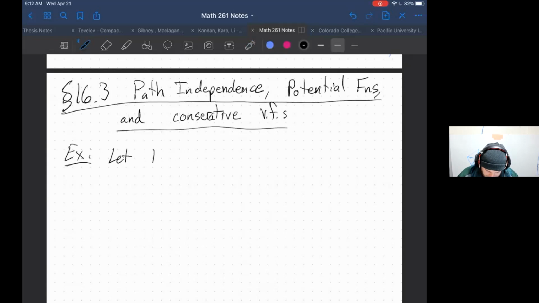We want to let our vector field F equal xy comma x.